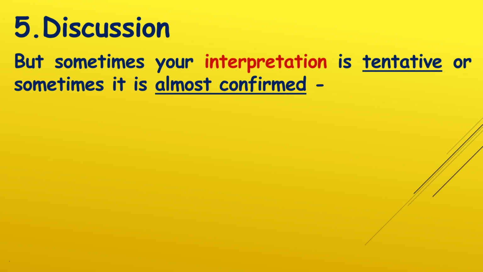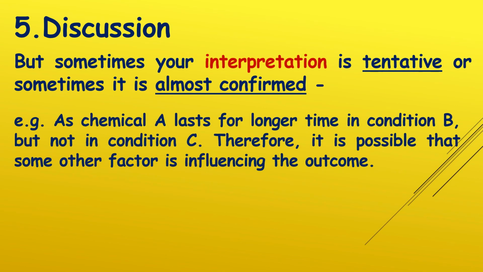To be specific, in those cases you should mention them cleverly. In the first case, when you are tentative about your result, you can say something like: as chemical A lasts for longer time in condition B but not in condition C, therefore it is possible that some other factor is influencing the outcome.